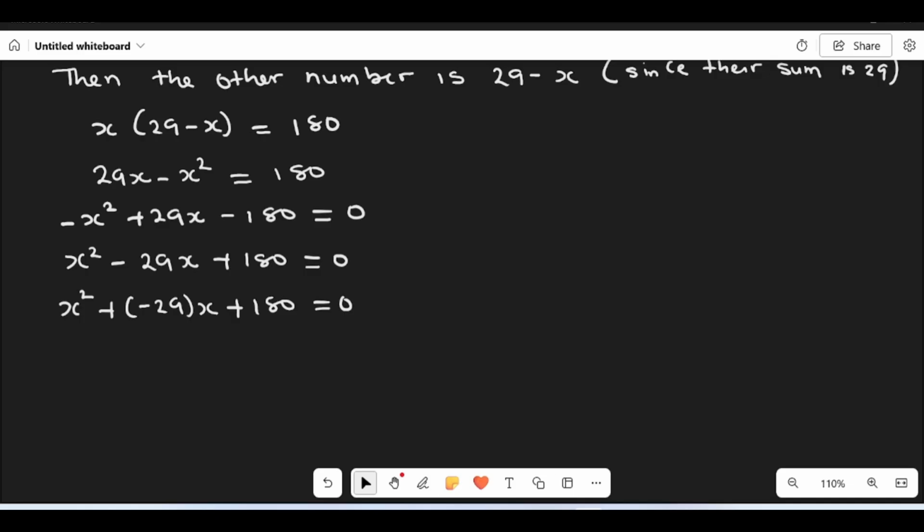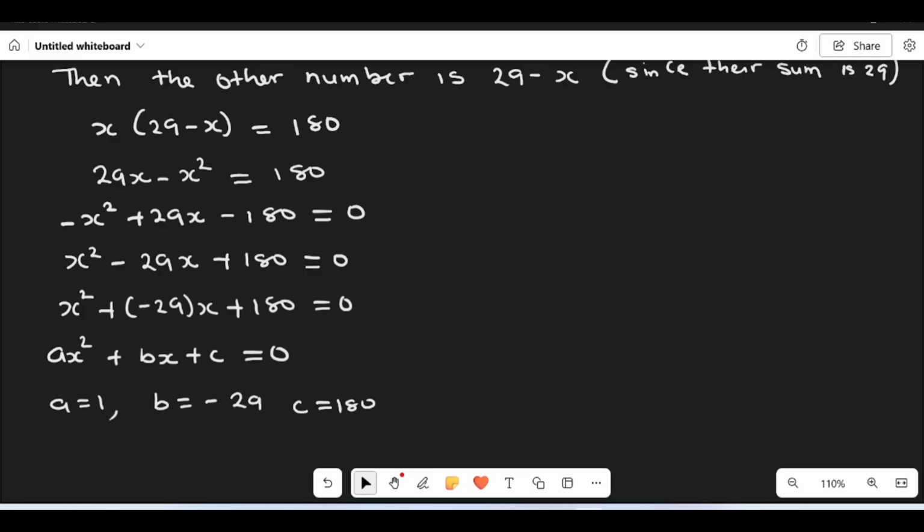The standard form of a quadratic equation is ax squared plus bx plus c equal to 0. If we compare these two equations, our a is 1, our b is minus 29, our c is 180.